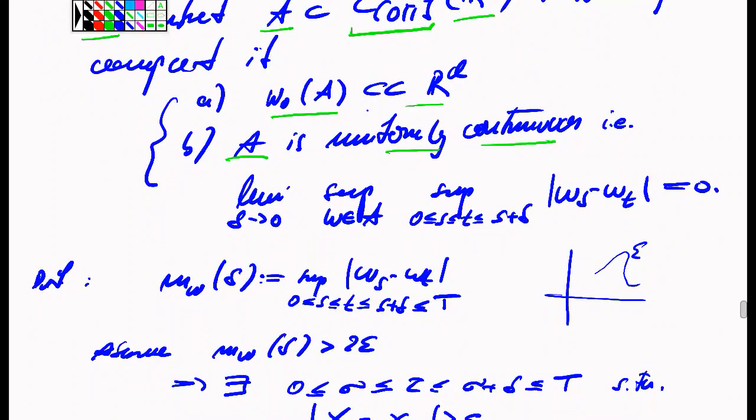Uniform continuity of this collection of paths can be formulated as follows. Namely, for all possible time points s and t which are no further away from one another than delta, the difference of the trajectories at these two time points converges uniformly, among all trajectories from this collection A, to 0 when the distance between these time points tends to 0.